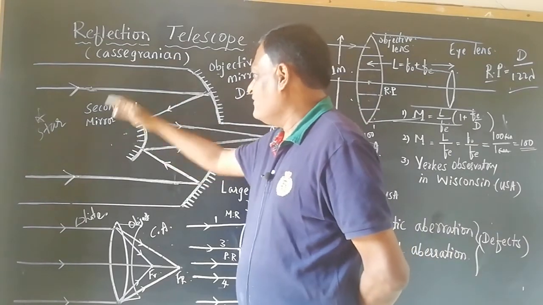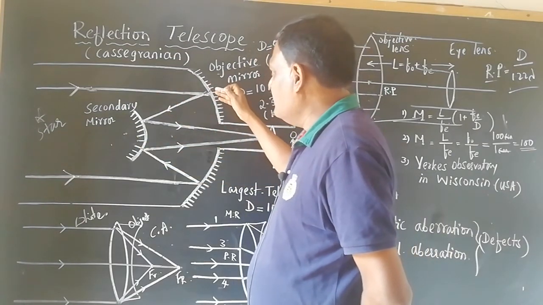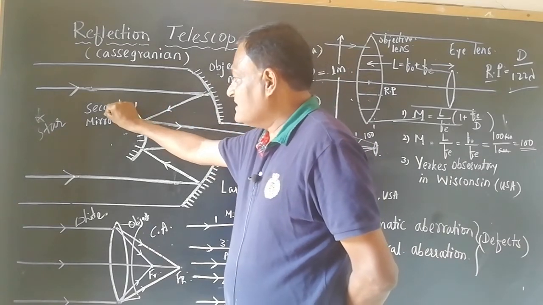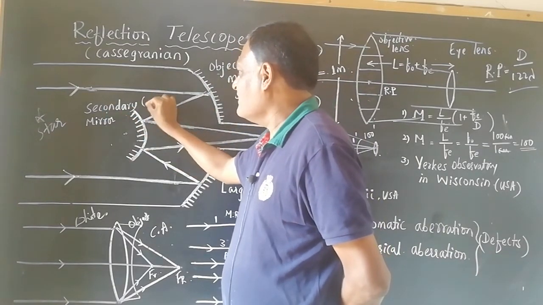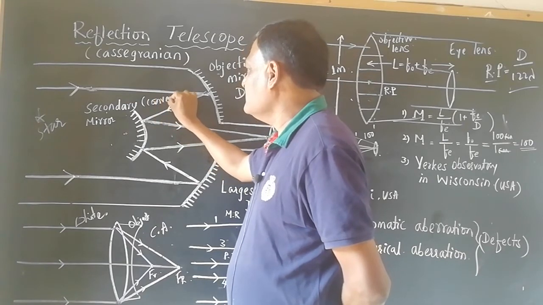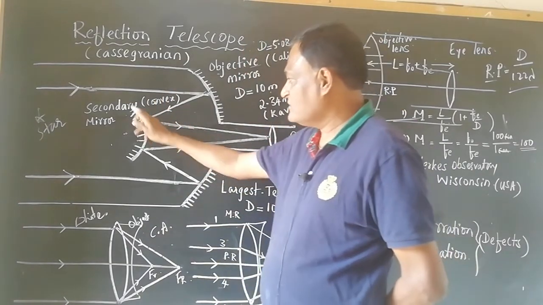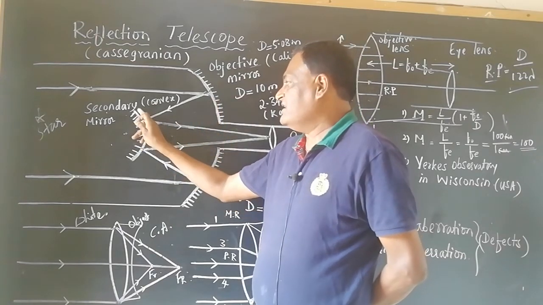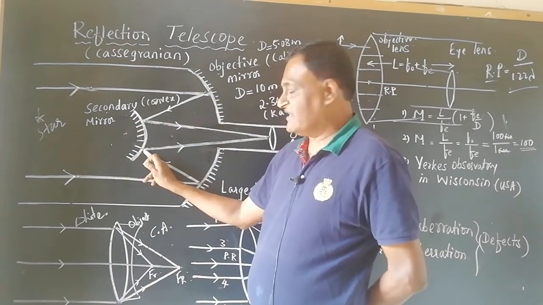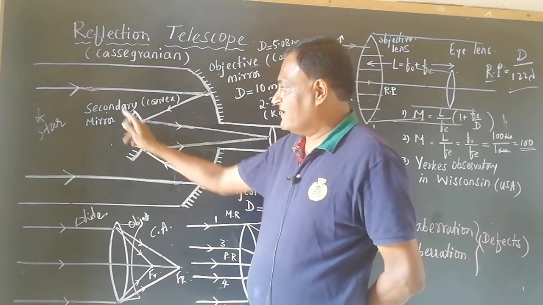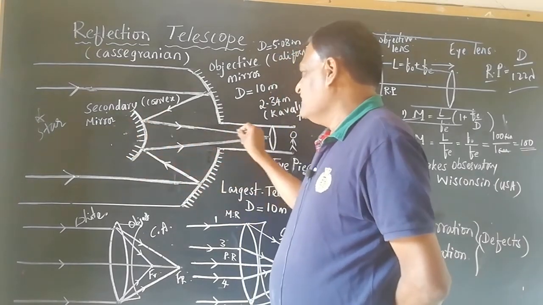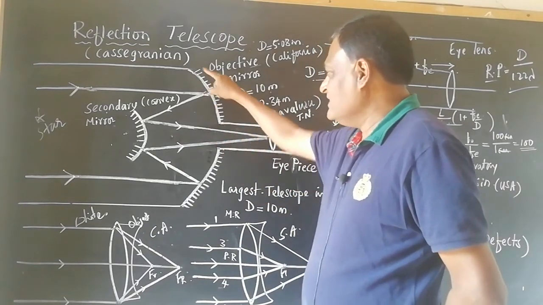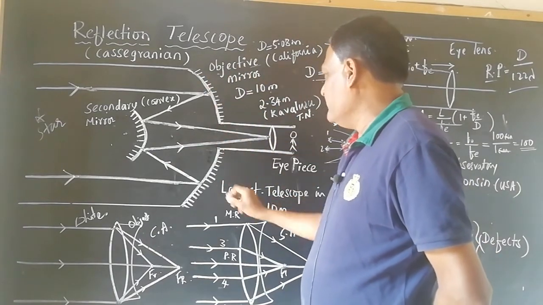The parallel beam of light after reflection at the concave mirror is made to fall on a secondary convex mirror. Its convex surface is silvered and painted. Once again the light rays undergo reflection at the convex secondary mirror, and thereby the light rays enter into the hole made in the center of the objective mirror.